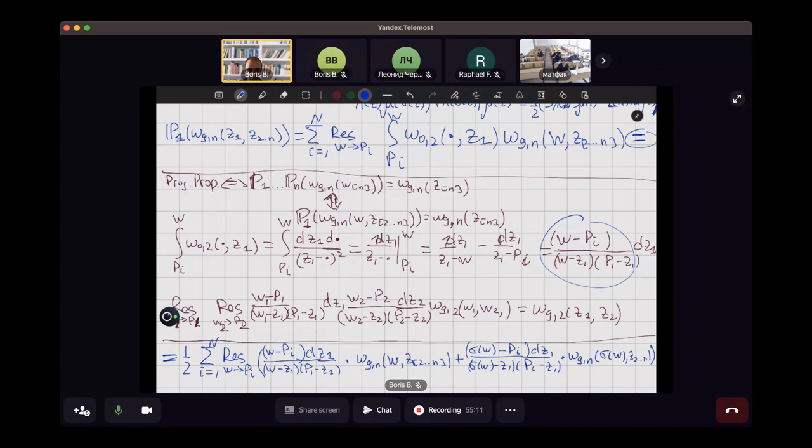So yes, I applied this holomorphic convolution. So the question is why it is true.